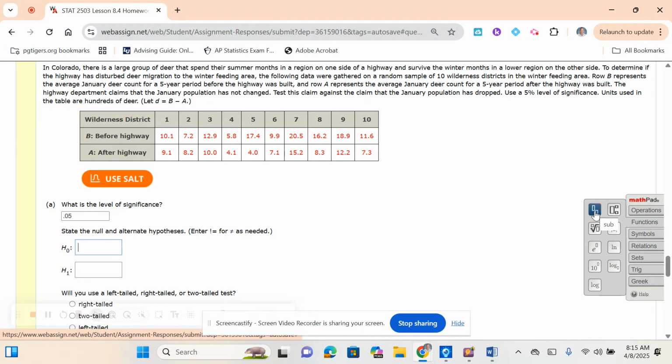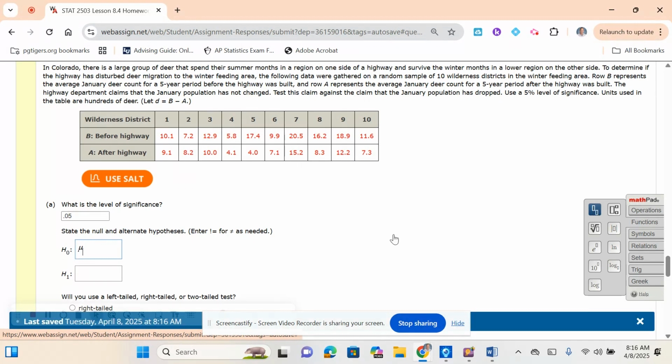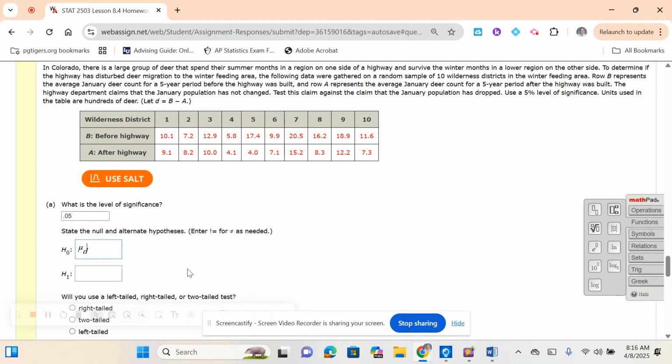Right there, it's functions and then function sub. Let me do the mean first, mu. So mu is right there, and then I'm going to go to functions sub, and that will give me the subscript. So mu d, and then get out of there, equals 0.